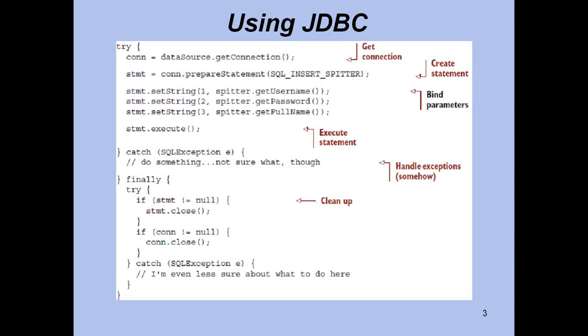Essentially, you access the template, it will do everything for you, and you just need to pass the SQL that needs to be executed. So that's the core idea of Spring JDBC. Got it? Right. You don't need to do all these things.